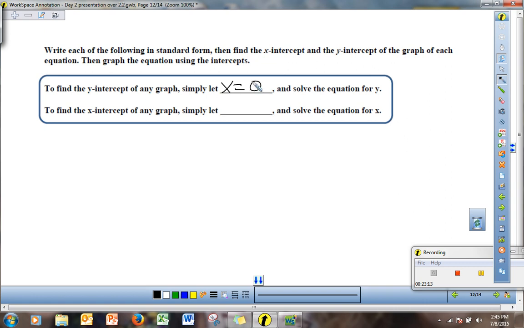We're going to cover up the x and solve for y. So to find the y-intercept of any graph, let x equal 0 and solve the equation for y. To find the x-intercept of any graph, simply let y equal 0 and then solve the equation. I'll show you what I mean by that here in just a heartbeat.